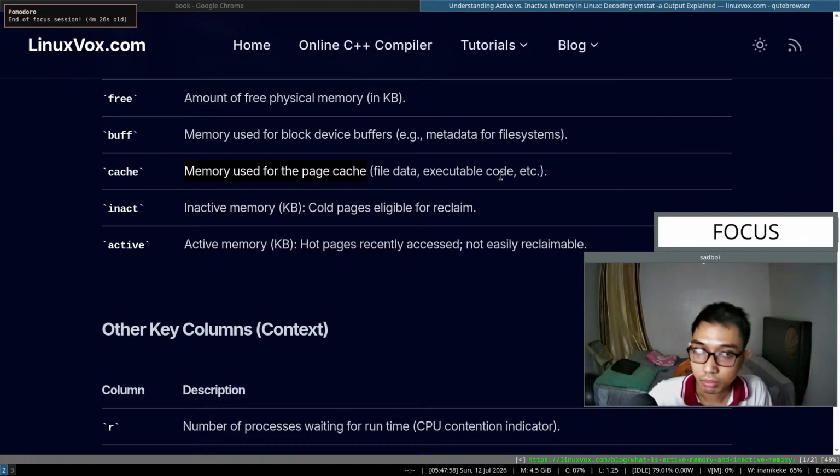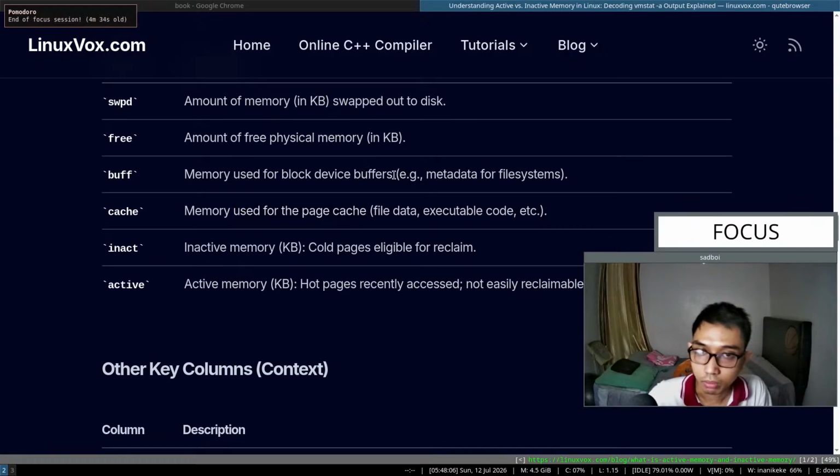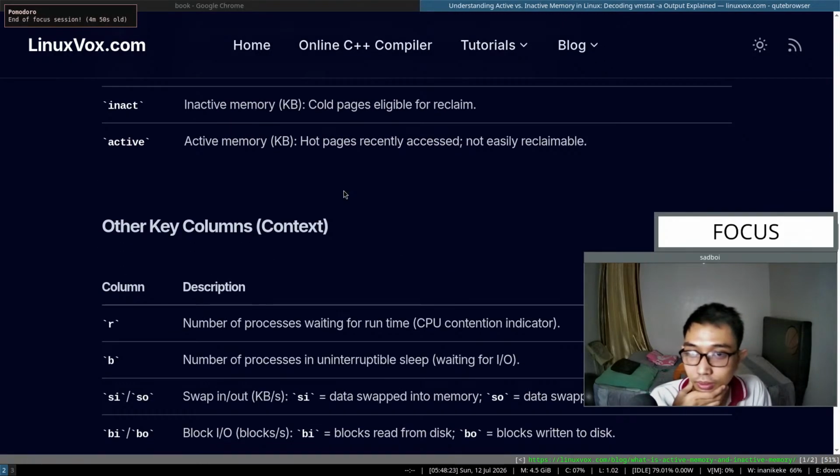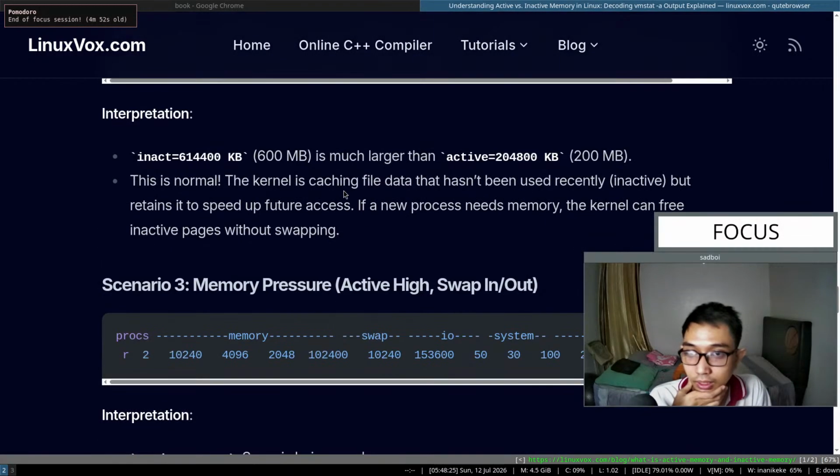Is this the memory that is in use? Or maybe not this. But I assume, yeah, maybe not this. Maybe memory used, right? Again, I'm trying to figure things out here.